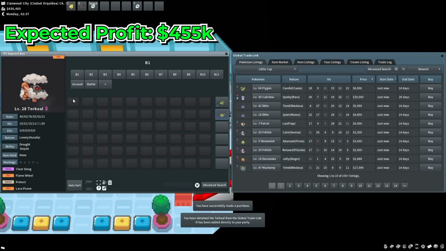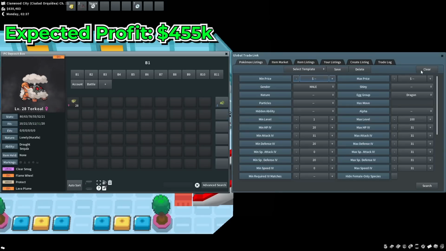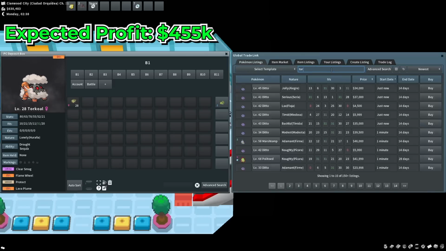Now Turquoise always goes for a higher price. I think I paid 7 for it. If they have at least 131 IV in one of these stats here, and this one being 0, so at least 1, and then Turquoise.